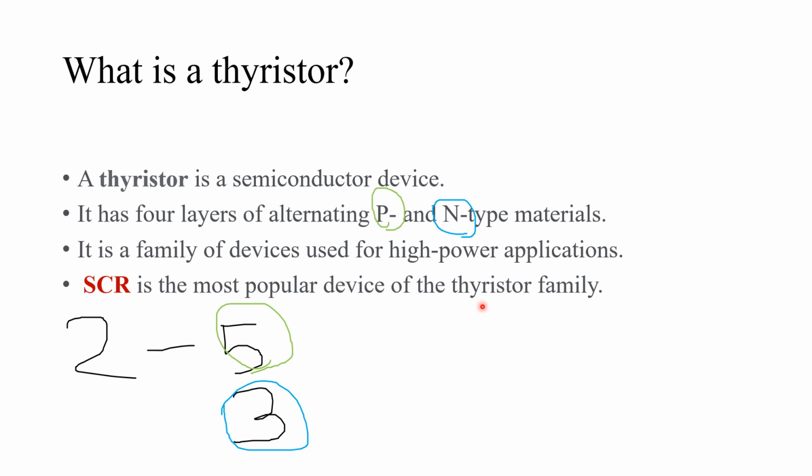Now this thyristor family can further be divided into two parts. Thyristors can further be classified into two types, that is triggering devices and power control devices. But we won't be discussing it here because our major focus is on SCR. So all lights on SCR because it's the most popular one.